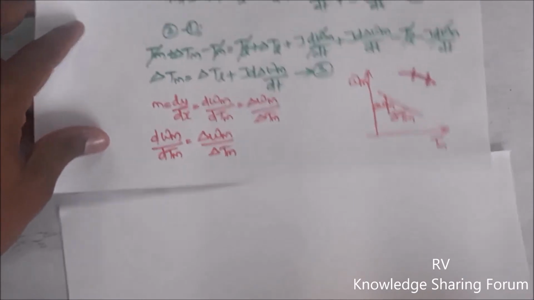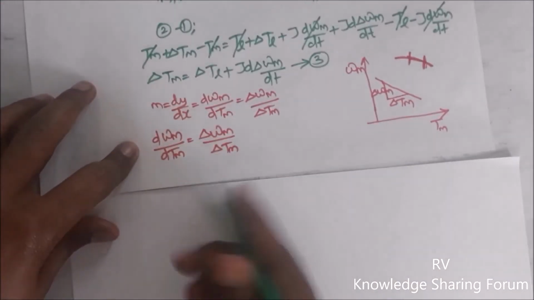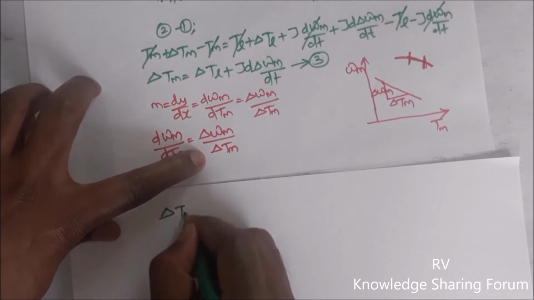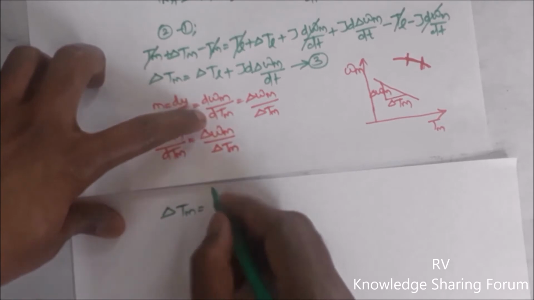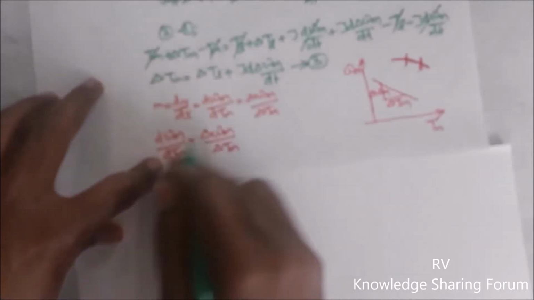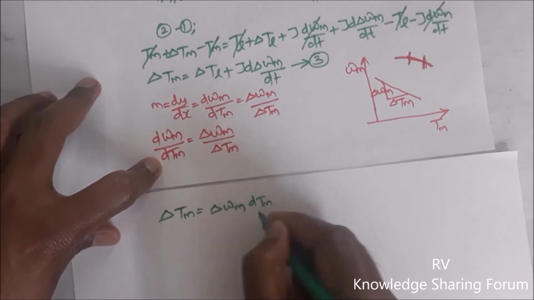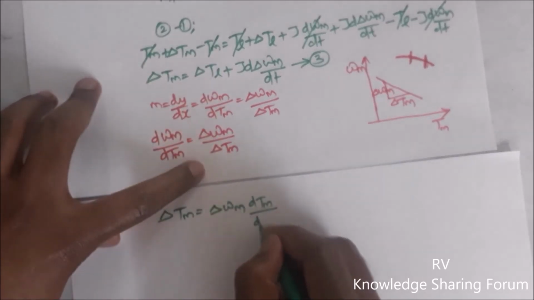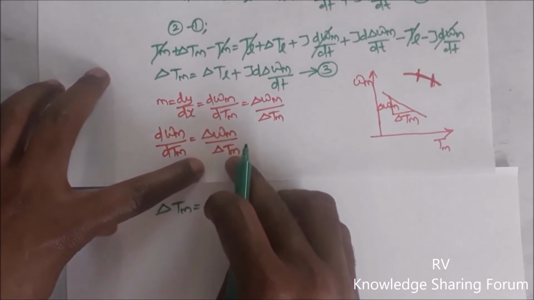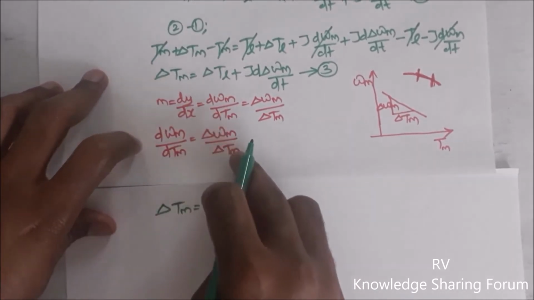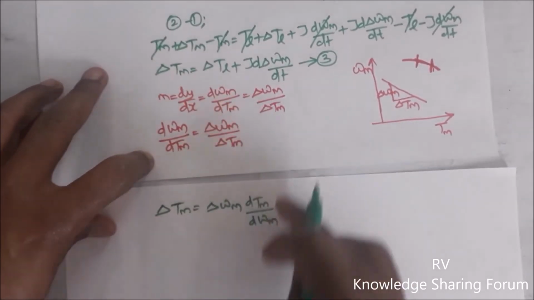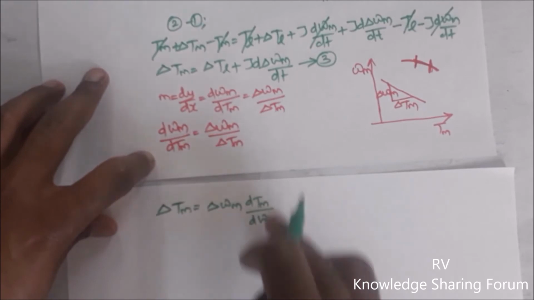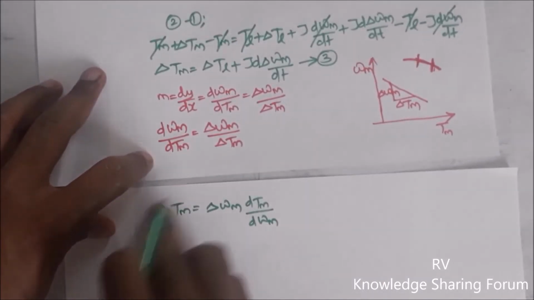From which we will get delta Tm as delta omega m, and this comes this side, therefore dTm, and this comes this side, therefore d omega m. Just we are trying to find out delta Tm from this equation. So delta Tm is equal to delta omega m into dTm divided by d omega m. This is for the motor torque, the change in the motor torque.